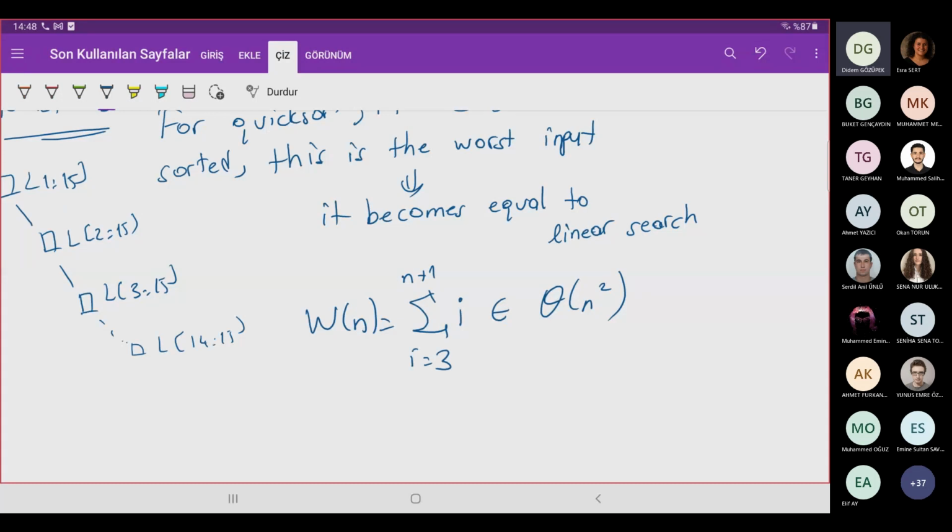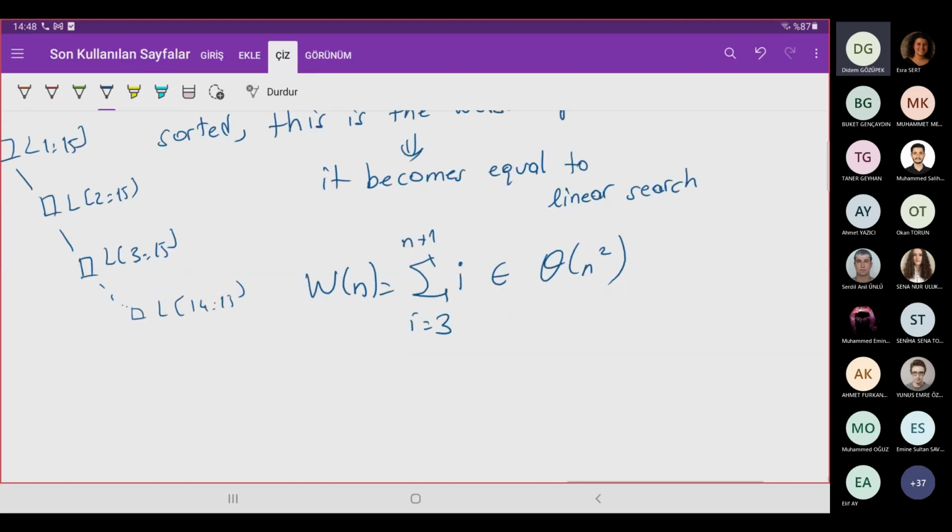But if the one that has the smaller index is 5, and the one that has the larger index is 2, then there is an inversion between these two, right? Because this one should come before the other one, irrespective of what I have in between. So this is called an inversion. And in quicksort, when we make the swap operation, we fix at least one inversion.